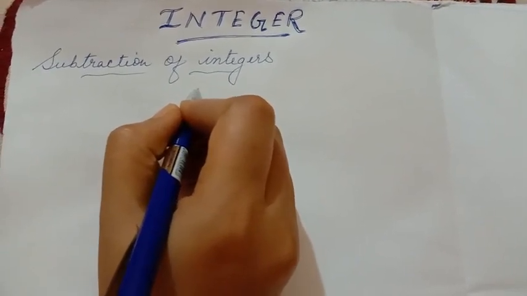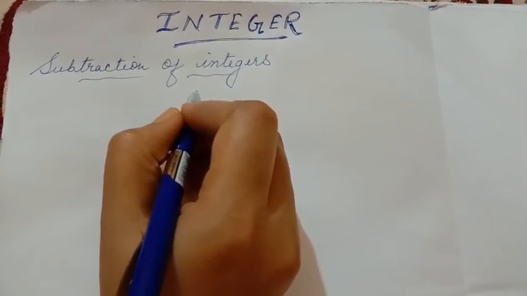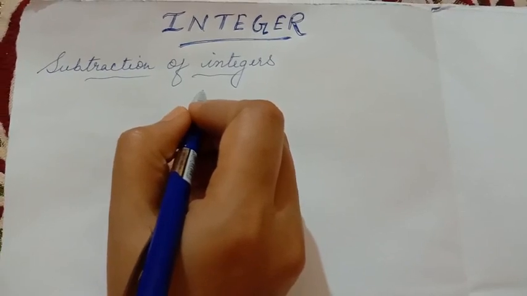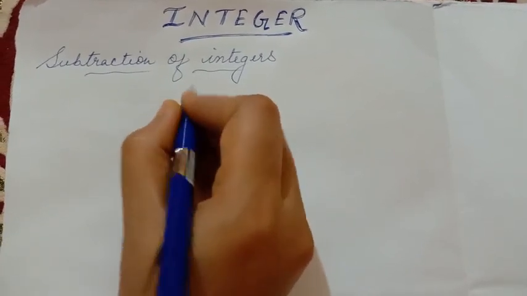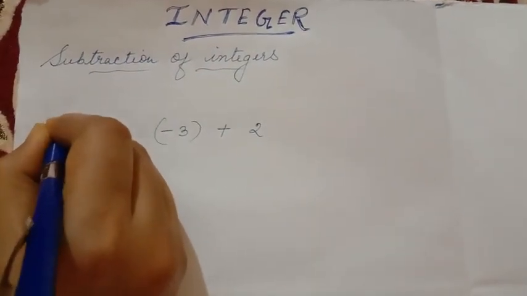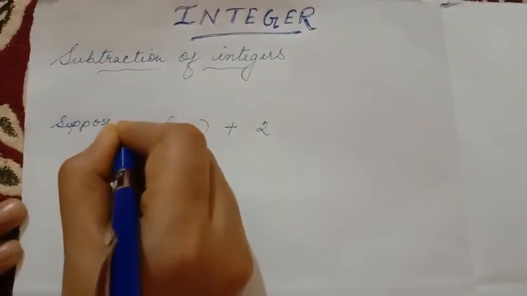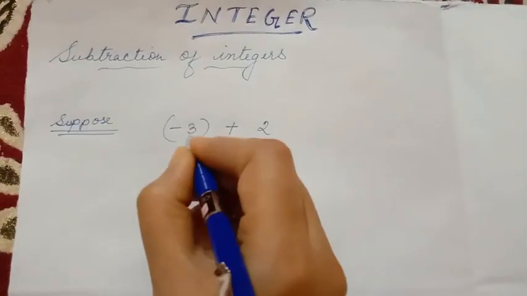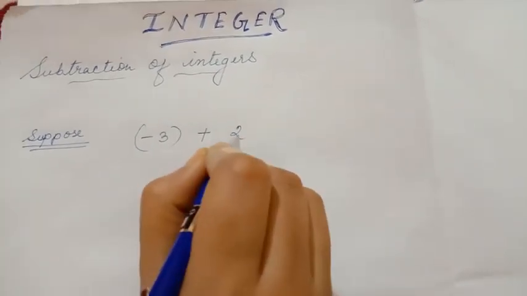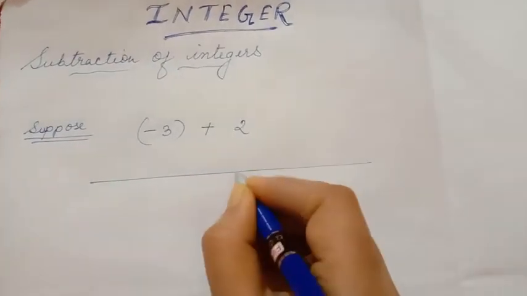In our previous session, you had seen that to add a positive integer, you have to move to the right. Suppose -3 plus 2. So first we have to draw the number line.